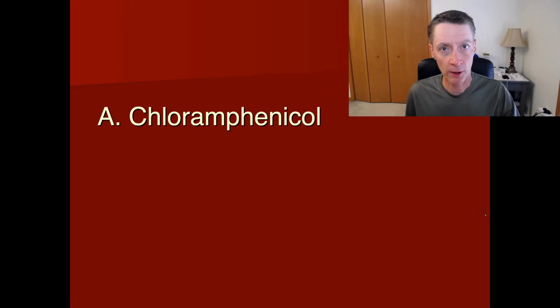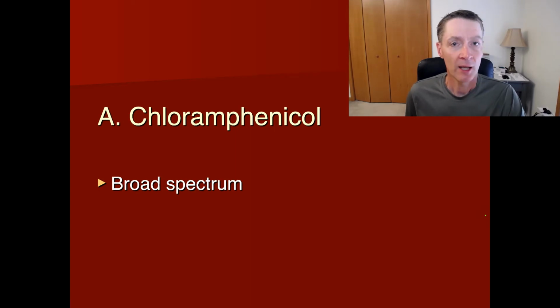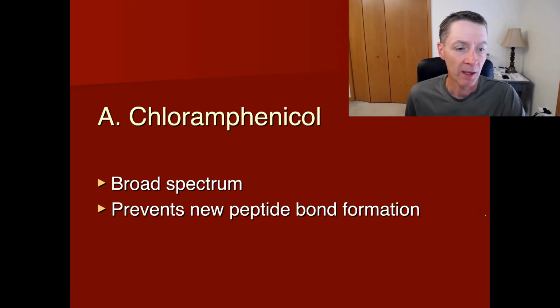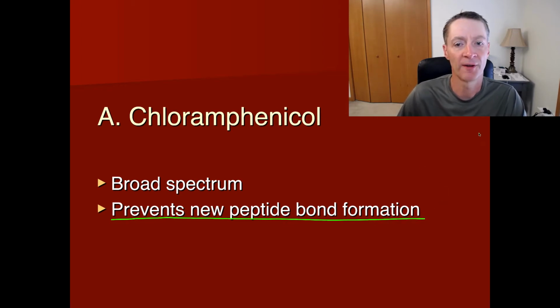So chloramphenicol is a subgroup, need to know that, and in fact that's one of the drugs in the category. A lot of chloramphenicols are broad spectrum, so they affect a lot of different kinds of bacteria, and they prevent the new peptide bond from forming. Okay, for this particular group of protein synthesis inhibitors, I would want you to know that this is unique to the chloramphenicol group.